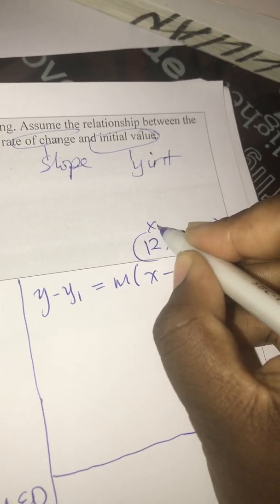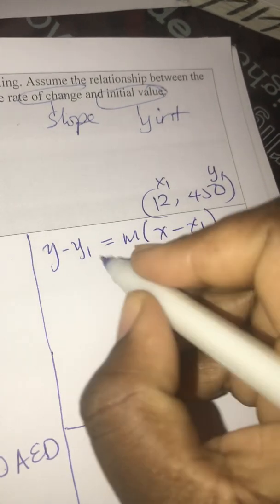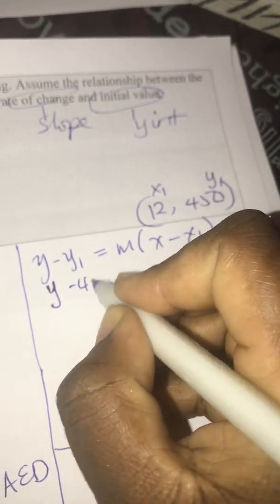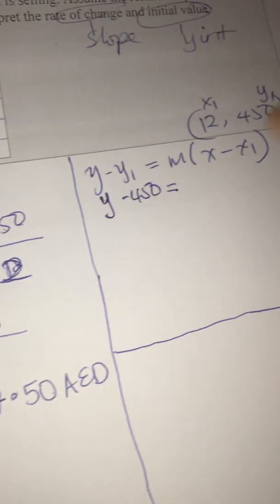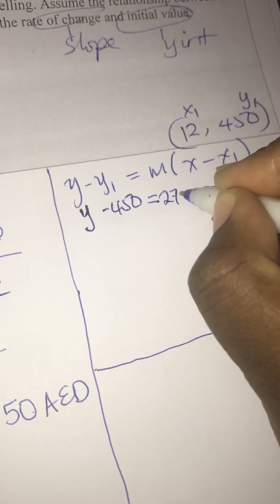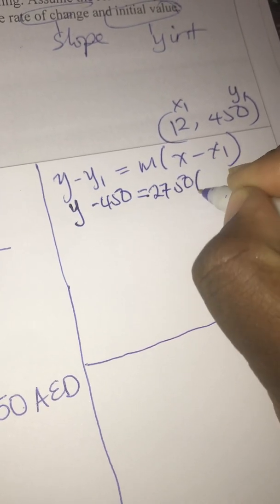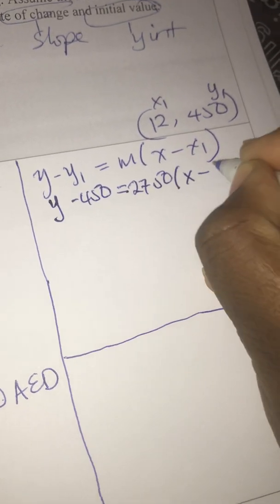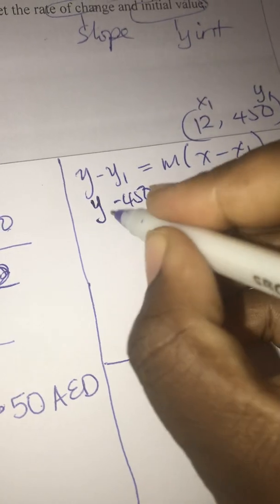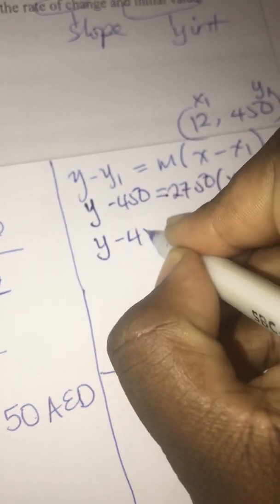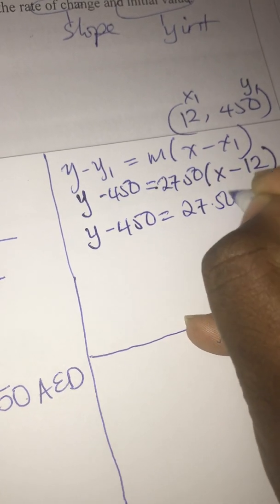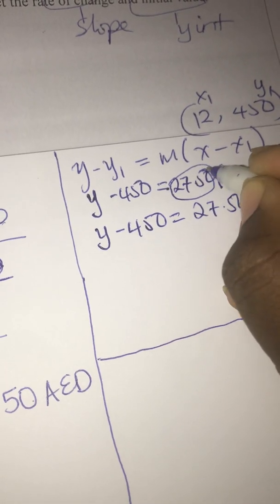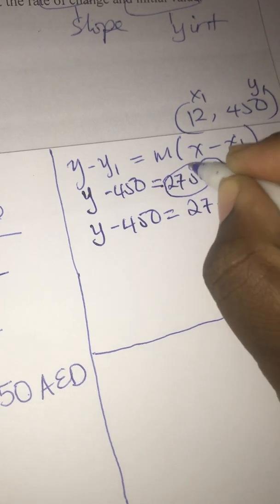So this is my x1, this is my y1. y minus 450 equals m, 27.50, bracket x minus 12. y minus 450 equals 27.50 times x and times negative 12.